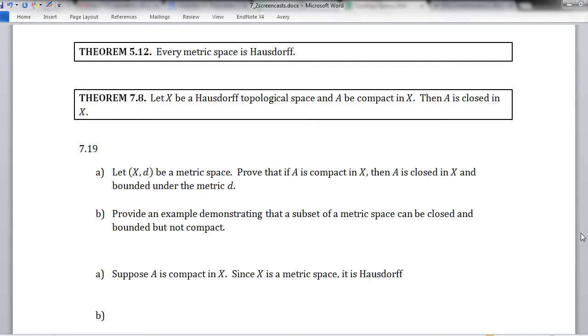And since it's Hausdorff, and we have a compact subset of it, we get that A is closed. All right, so that wasn't too hard. A little bit more work to show that A is bounded.